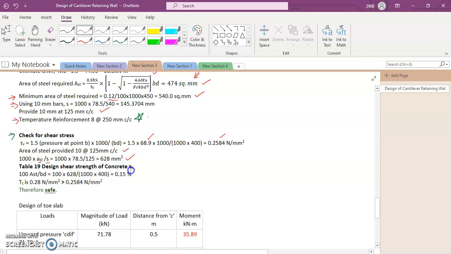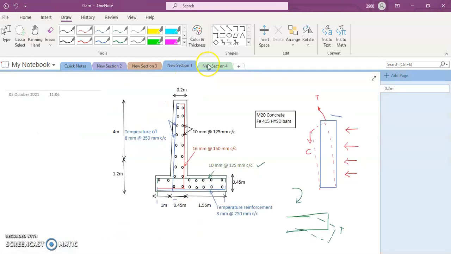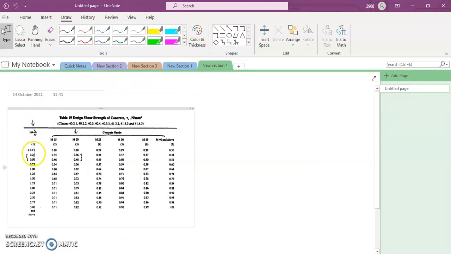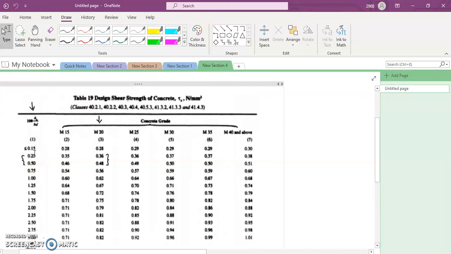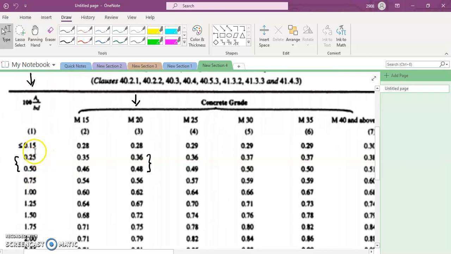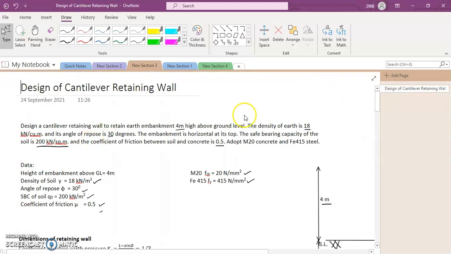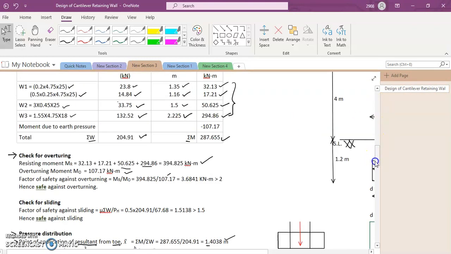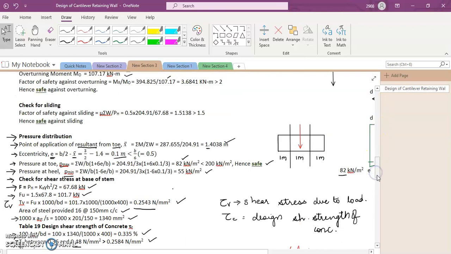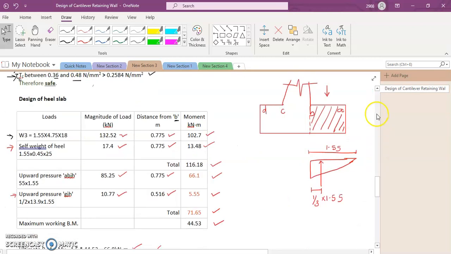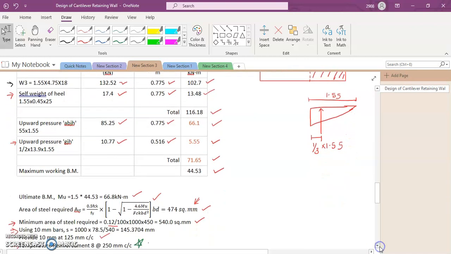From IS 456 table 19, let us have a look at the table. The percentage of steel, first we need to calculate 100 AS upon BD, and 100 AS upon BD for the heel slab is around 0.15%.